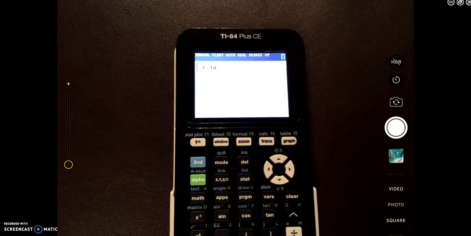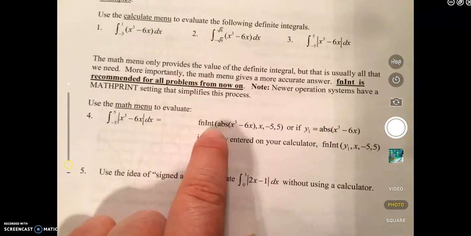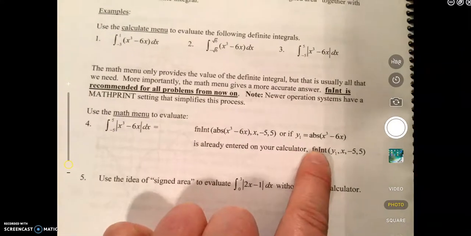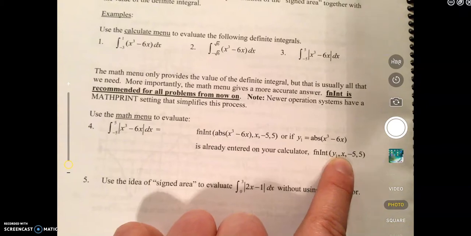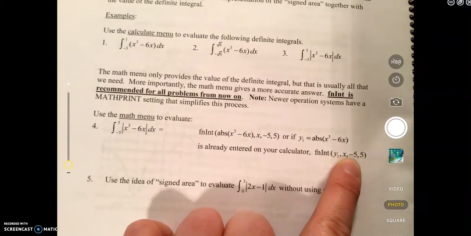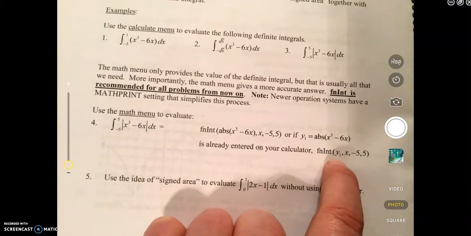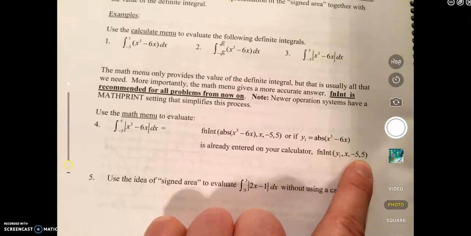Now, some of you are going to have this, and others of you, if you have a slightly older operating system, it's just going to look like this, fnint, and then parentheses. So if you have fnint in parentheses, this is what I want you to do. You type in the function, the variable, the lower limit, and the upper limit. Okay, I'll do that again. The function, the variable, the lower limit, and the upper limit.